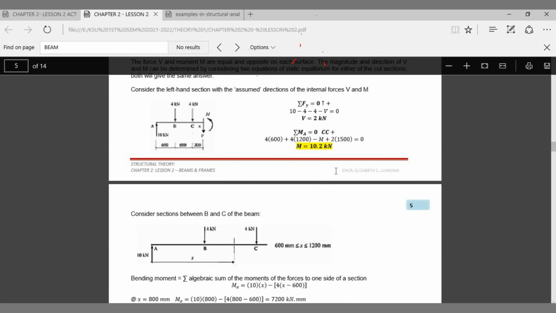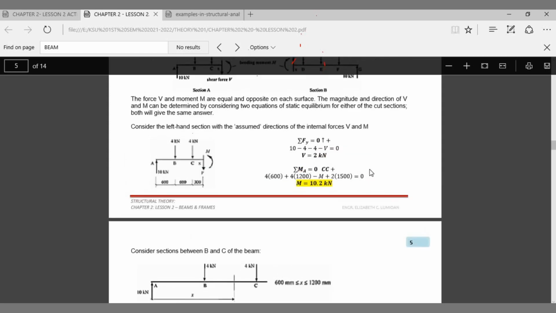Now, we have to draw the shear and moment diagram para mas madali sa atin na makita yung mga maximum and minimum values for shear and bending moments. Now, dito sa page 4 kasi diniscuss dito how to determine the values for your moment and your shear diagrams.